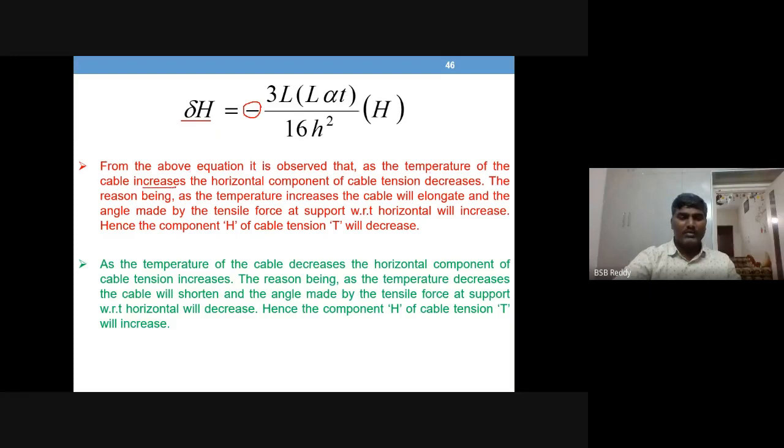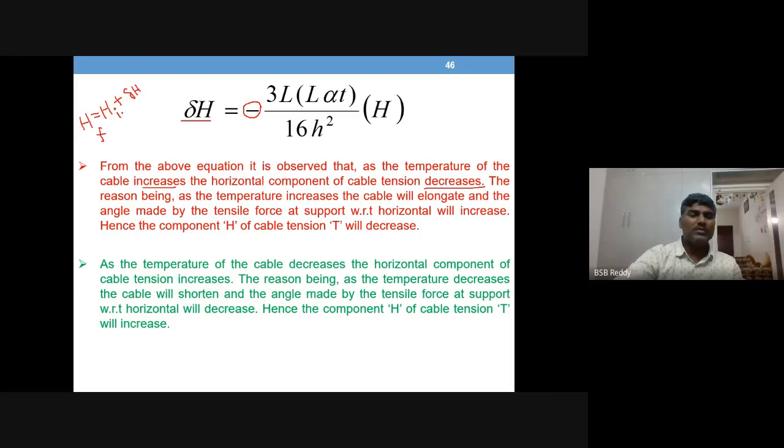Temperature increases. As the temperature increases, the horizontal component of cable tension decreases. That is why there is a negative sign, a decrease symbol. So H final is equal to, meaning after temperature change, H initial plus delta H, the change value.